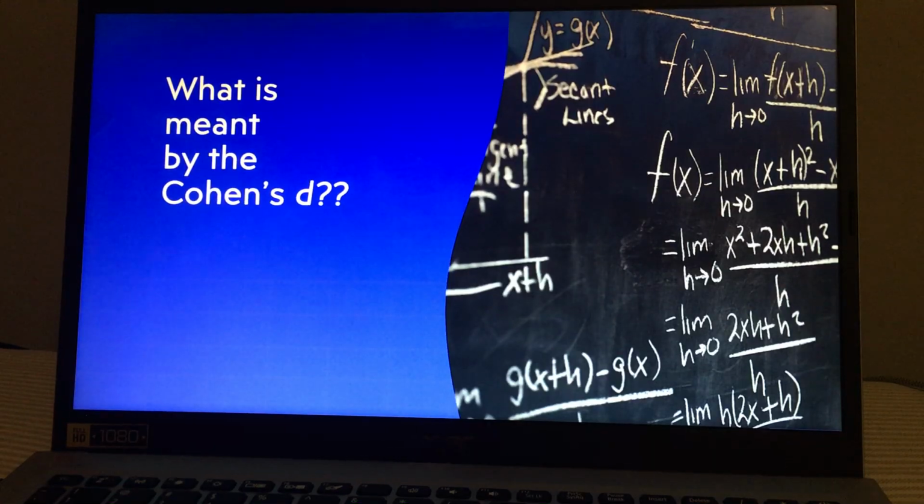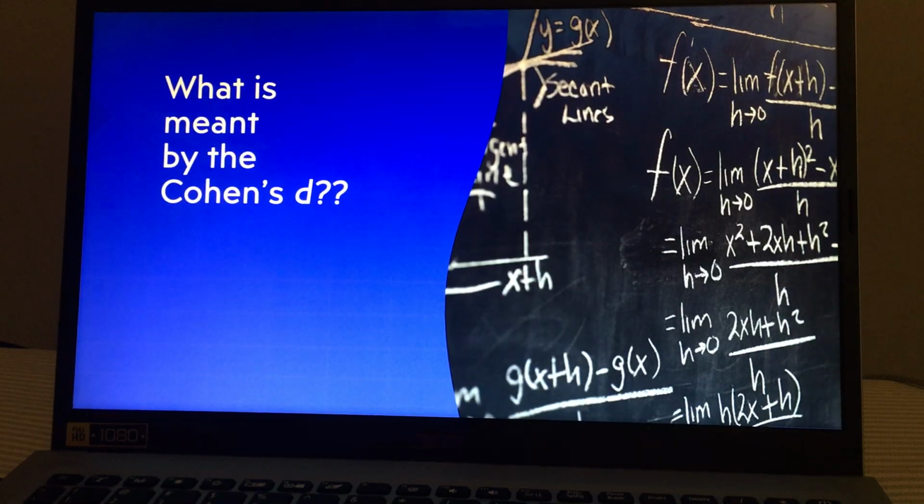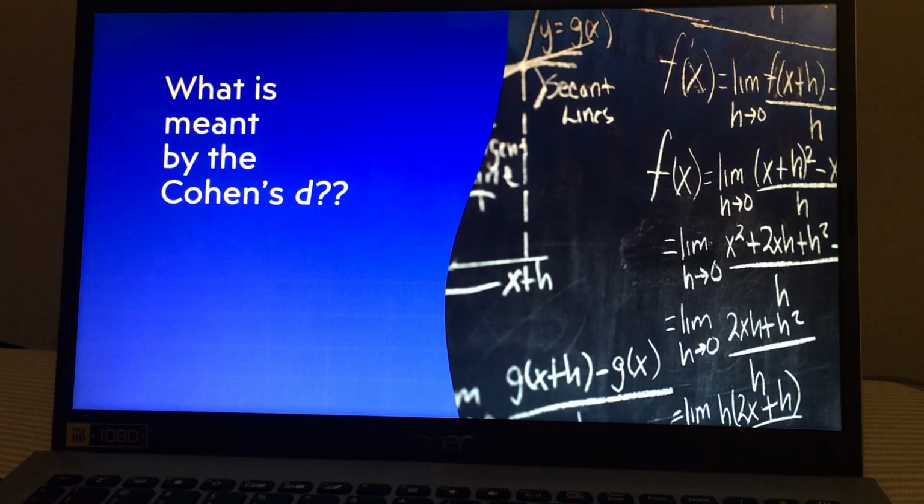It is pretty straightforward. Delta equals mu1 minus mu2 divided by the standard deviation, where mu1 and mu2 are the population means that correspond to your group 1 and group 2 respectively, and your standard deviation is the standard deviation being the same for both of your populations.